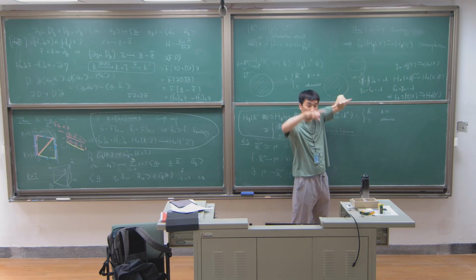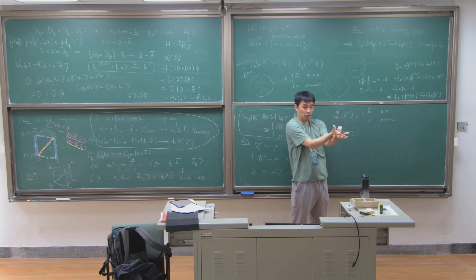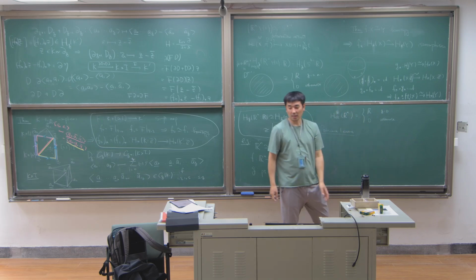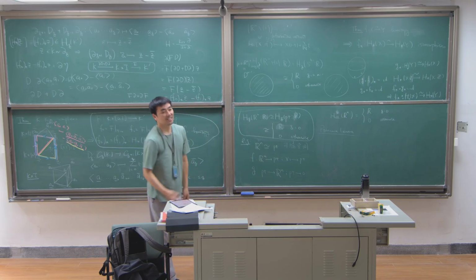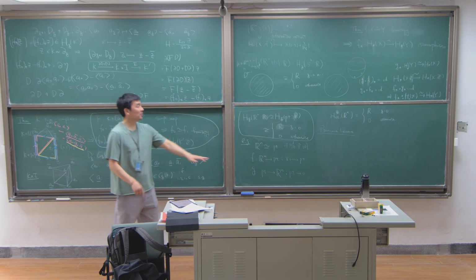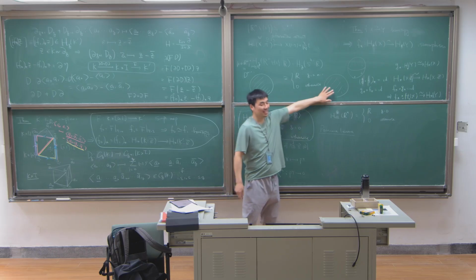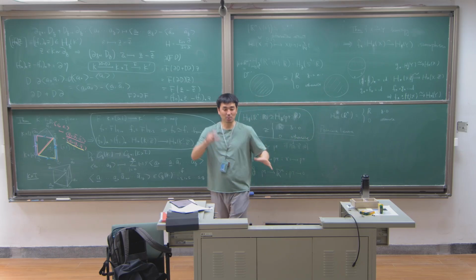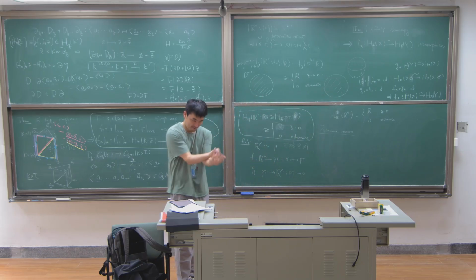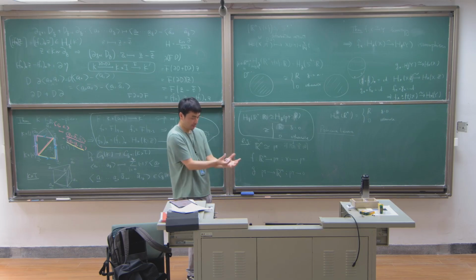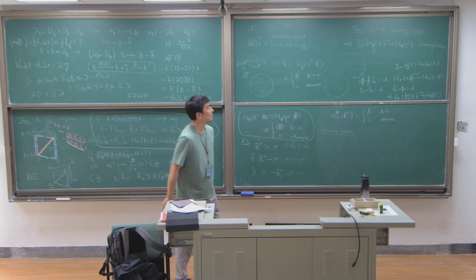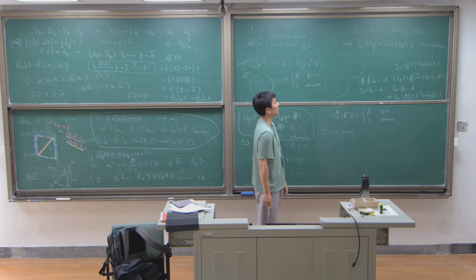It's like a dumpling: you create the wrapper, put something inside, and just wrap it up. That's one point compactification.